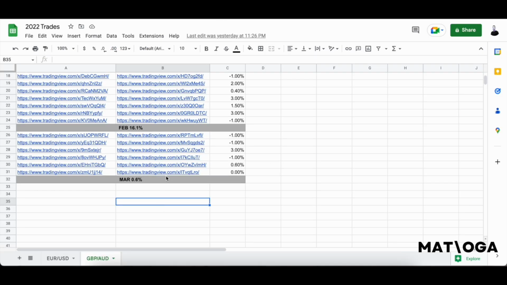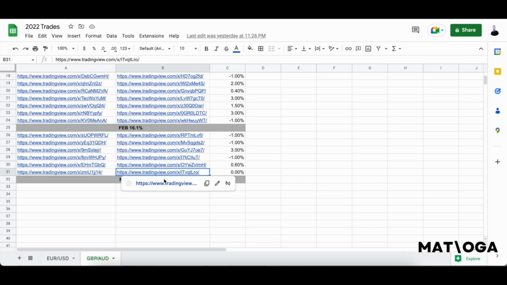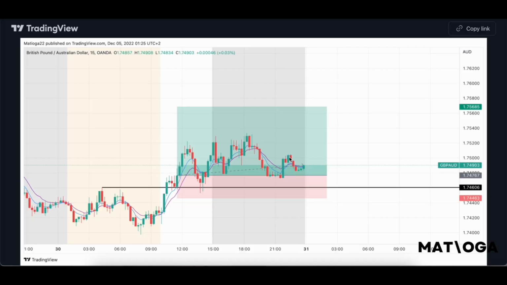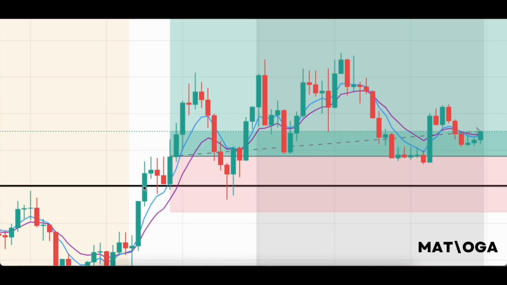And last trade of the month of March, you can see it's the last day, the 31st. Also a long position, eventually out at break even or at a very small profit, because session high, London, break, retest, continuation.